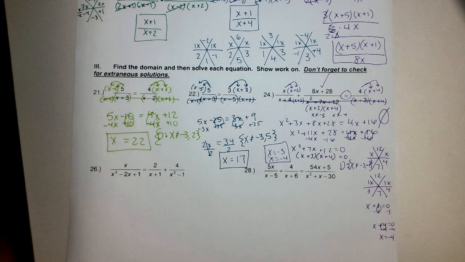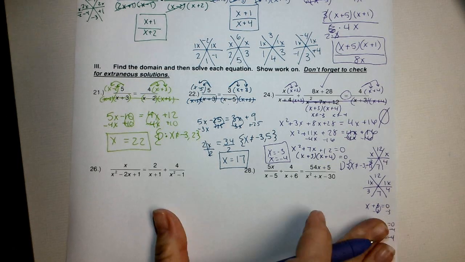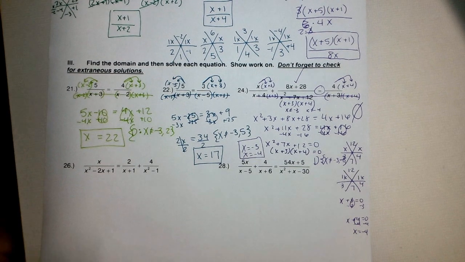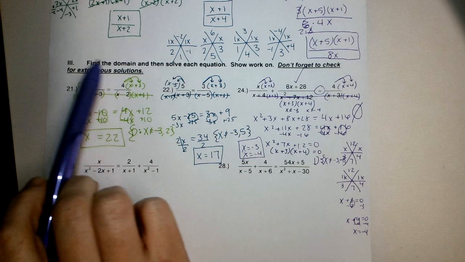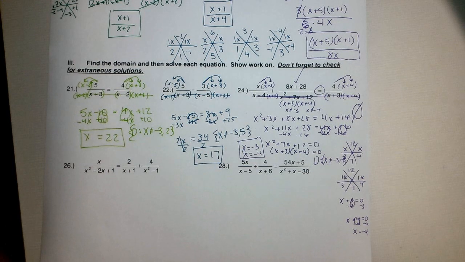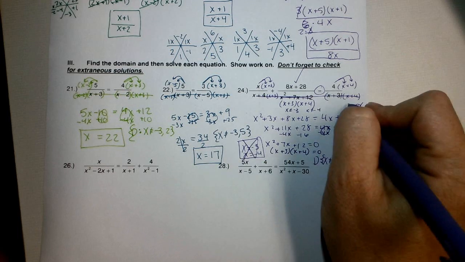It's hard to read, but it's there. So that one's no solution. I just got on a roll solving and forgot about it, and it even tells you, do not forget to check the extraneous solution. So that means like your domains, and if it can be a solution. So this is no solution.